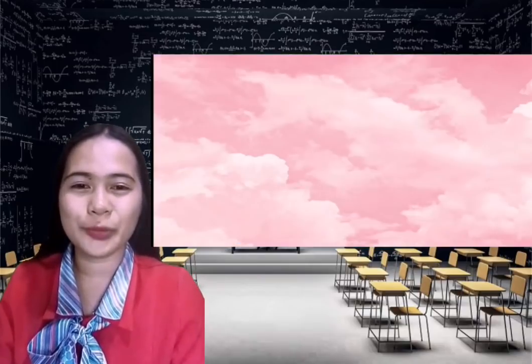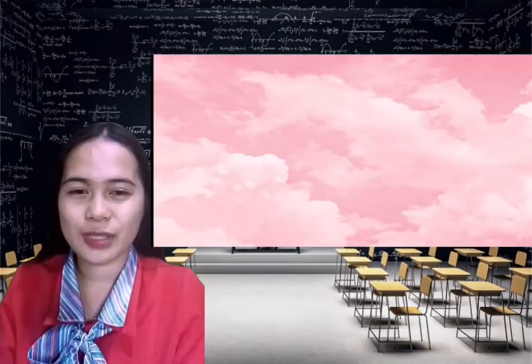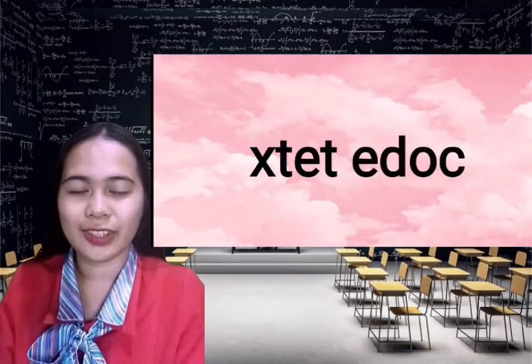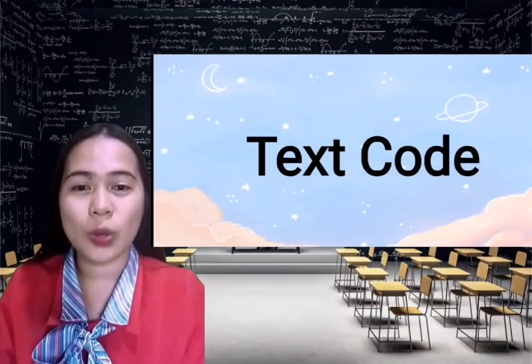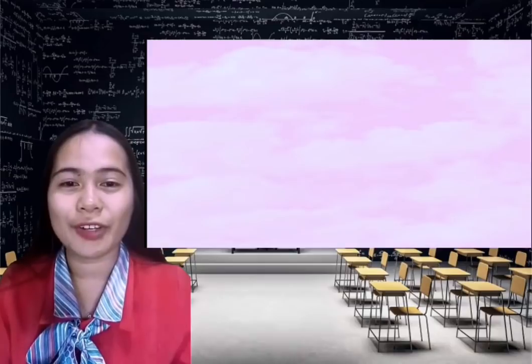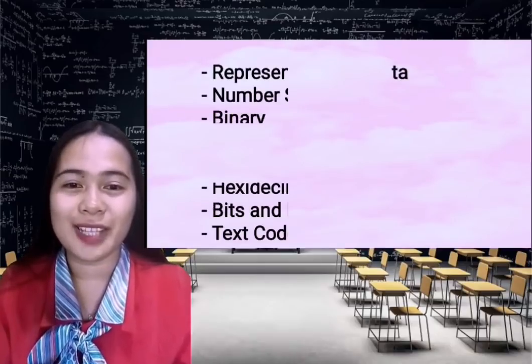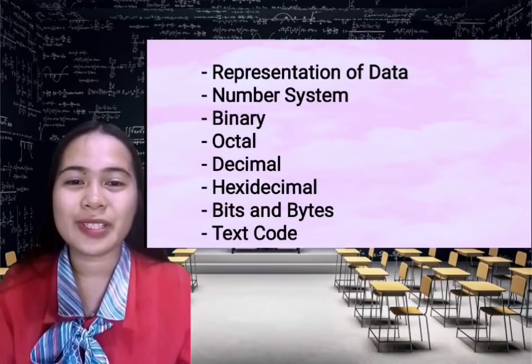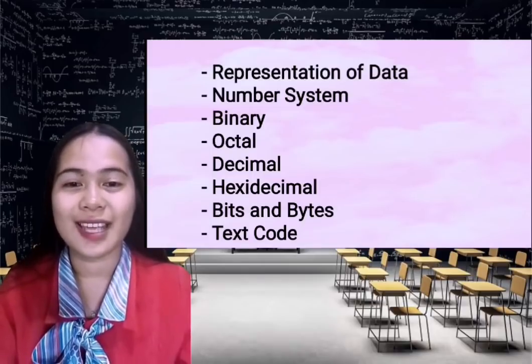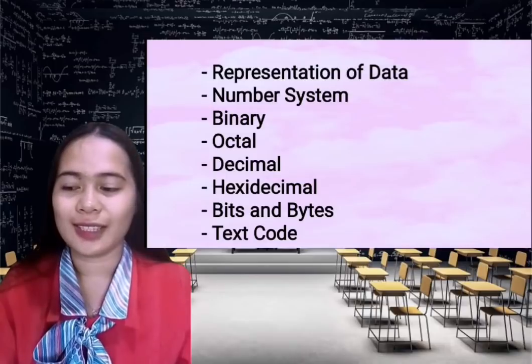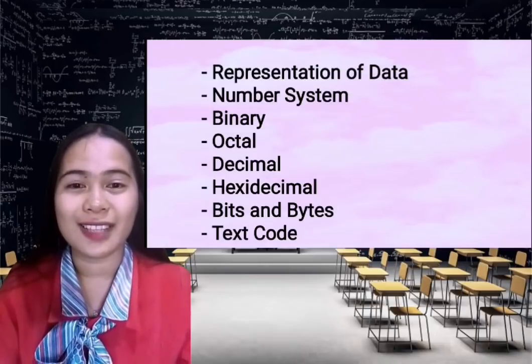The last jumbled words is this one. Okay, what is this? Very good. This is text code. So the words that we have arranged are representation of data, number system, binary, octal, decimal, hexadecimal, bits and bytes, and text code.